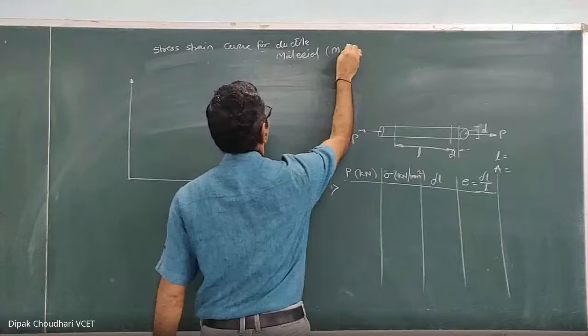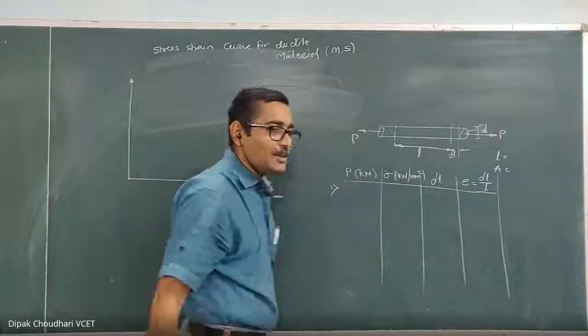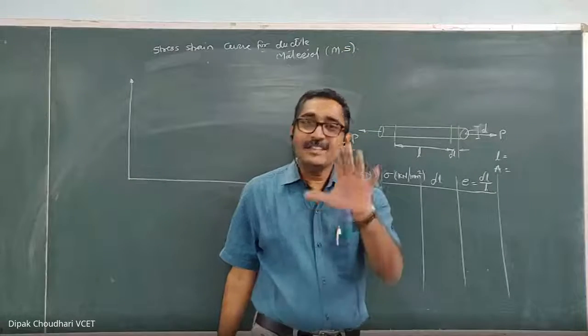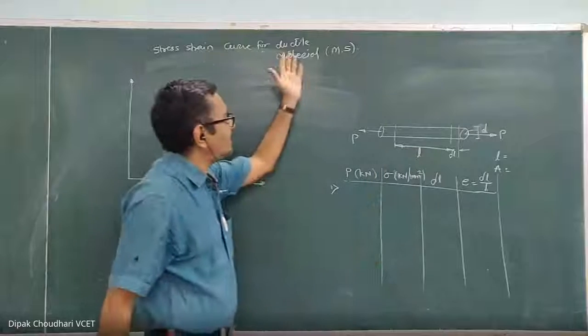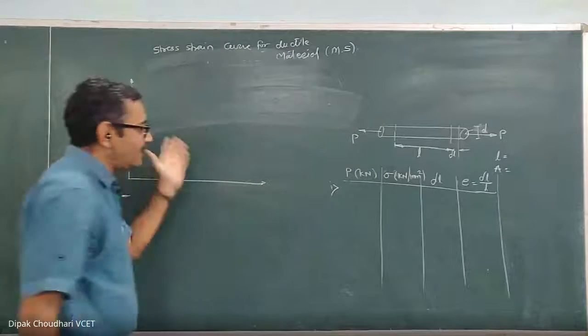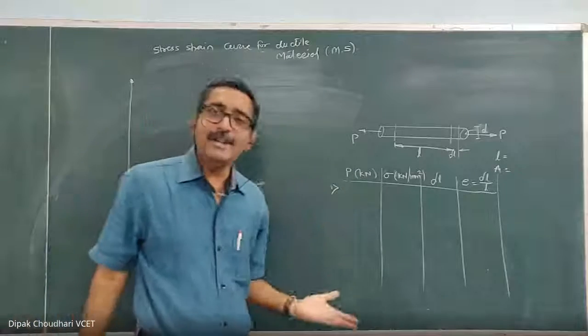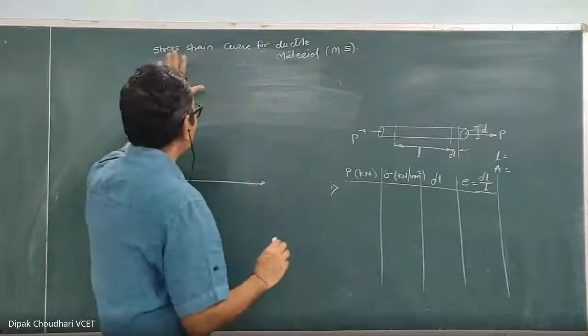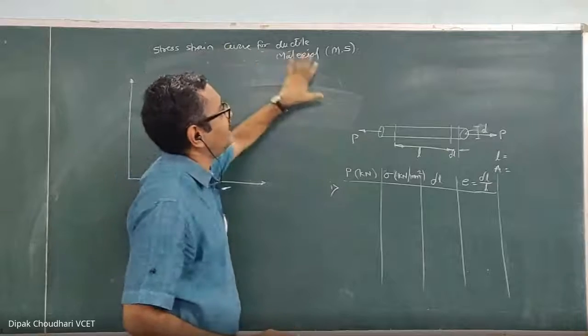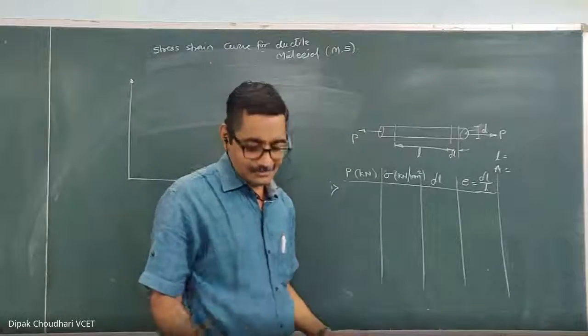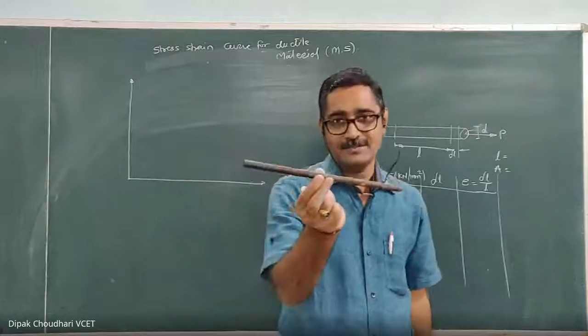There are a number of materials which have the ductile property, and the nature of the graph for ductile materials remains a little bit the same, but the values or properties will be different. So here we are going to test mild steel.